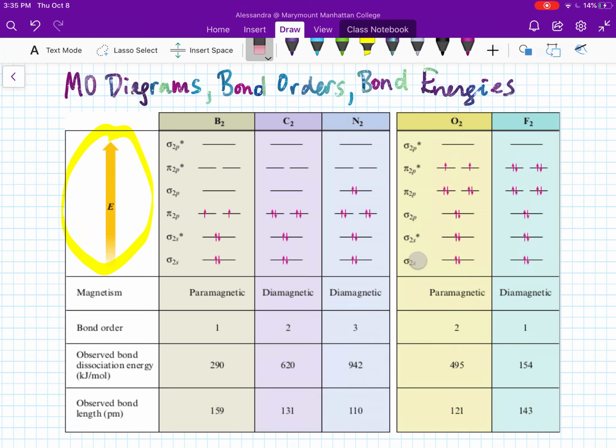So oxygen and fluorine actually have the order that we would expect if we were just deducing this from the overlap of atomic orbitals, whereas the diatomic molecules of any element lighter than oxygen have this inversion between the sigma and the pi 2p orbitals.